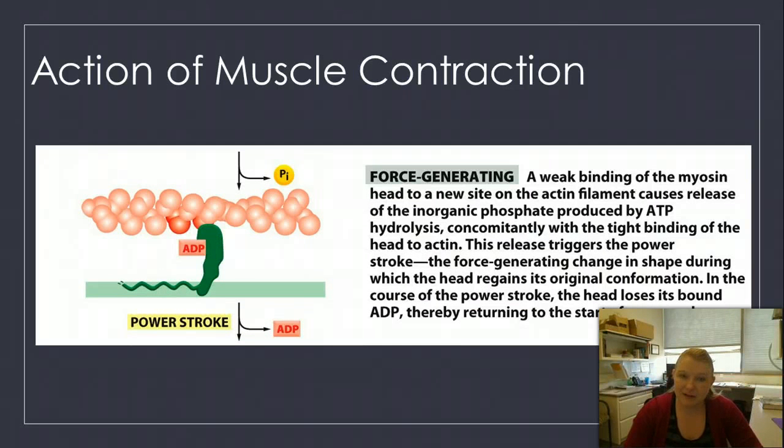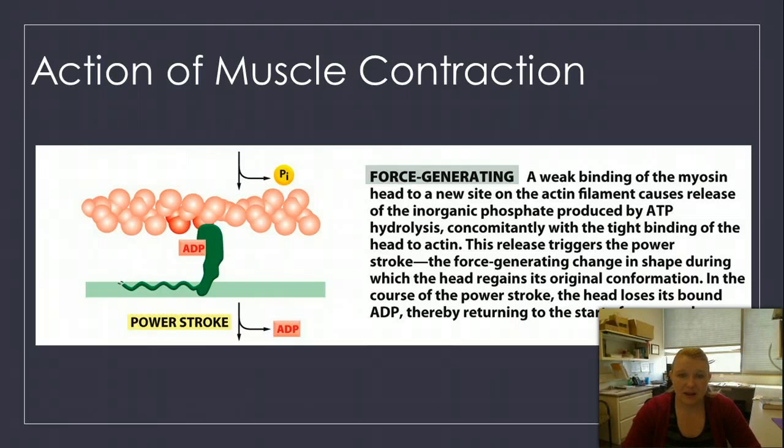As the inorganic phosphate comes off, this allows for weak binding, because remember, even though it came off the actin before, that doesn't mean there's no attraction. There's still this weak attraction that you can see. And so with this weak binding, the myosin head now attaches to a new actin filament about 5 nanometers away, because that's how far the movement of this head was.